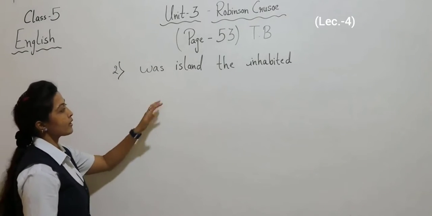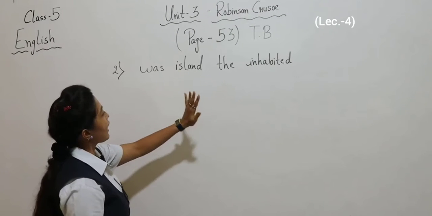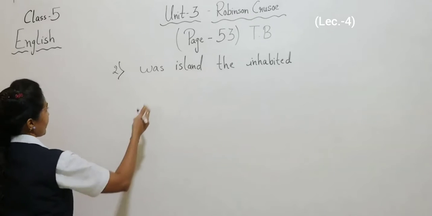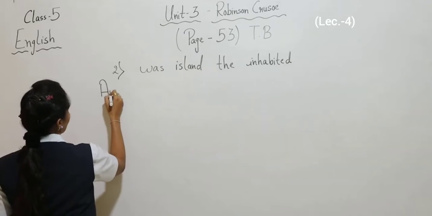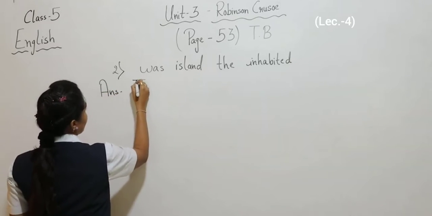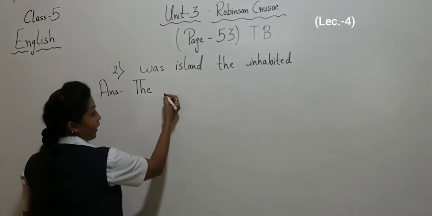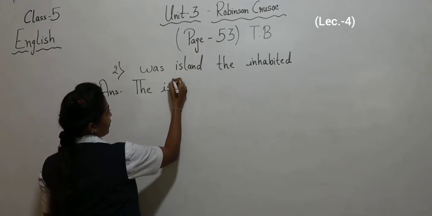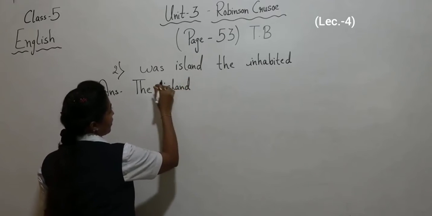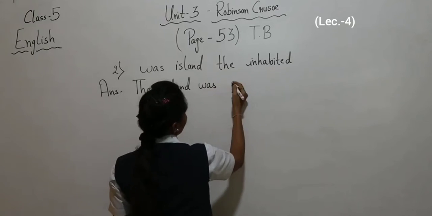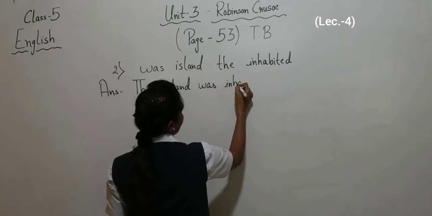Now see in the sentence, can you see any article? Yes, we have. Okay, so first write down: the island was inhabited.